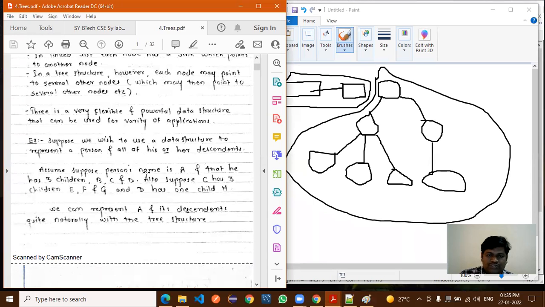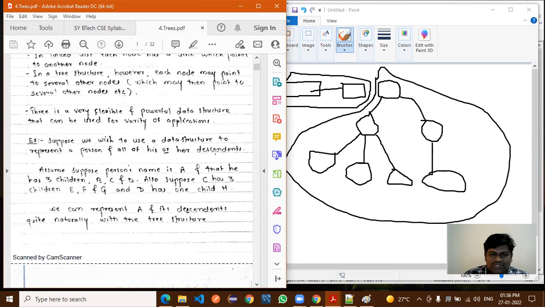Assume some person's name is A, and he has 3 children, B, C, D. Also suppose C has 3 children, E, F, G, and D has 1 child, H, right?